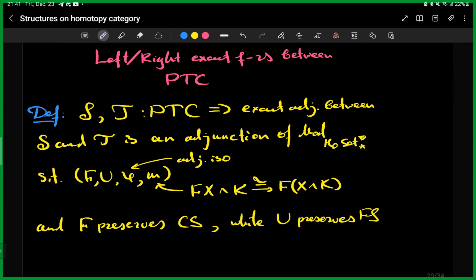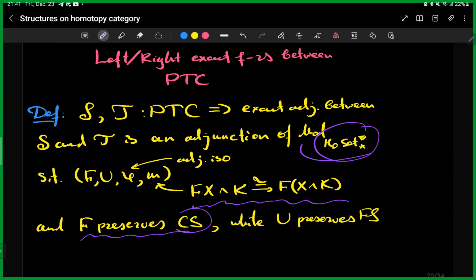And an exact adjunction is an adjunction of modules over this homotopy category of pointed spaces, such that we have this adjunction isomorphism, which shows that it behaves well with respect to this module structure. But most importantly, we should have this condition that F preserves cofiber sequences and U preserves fiber sequences.